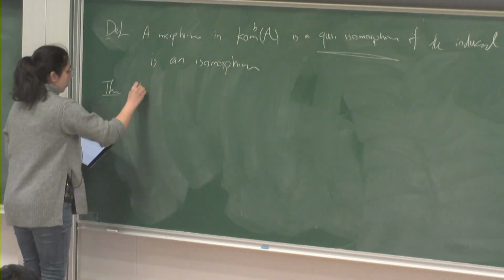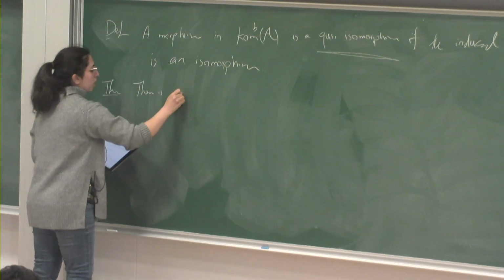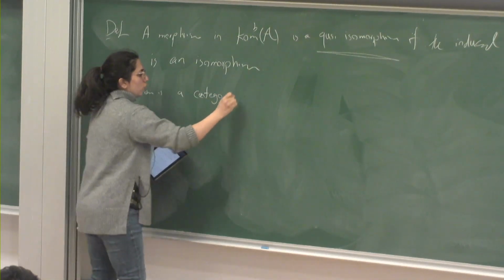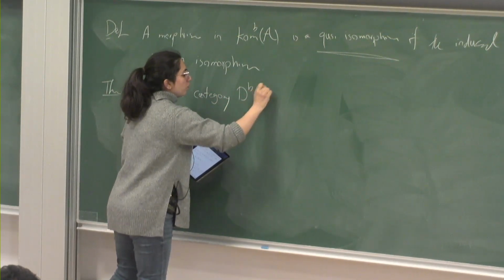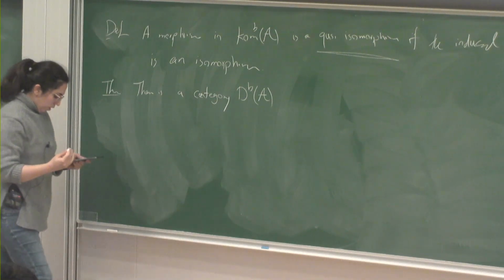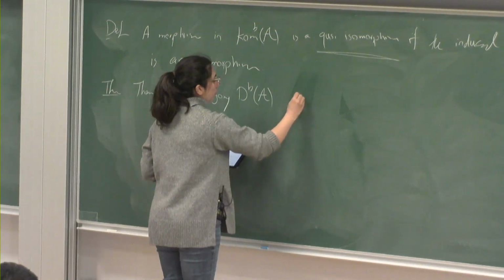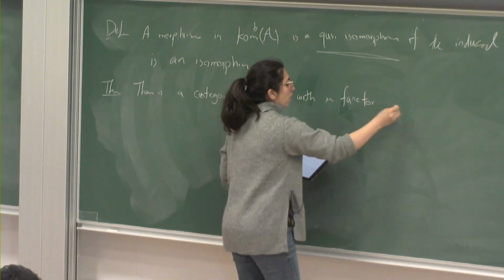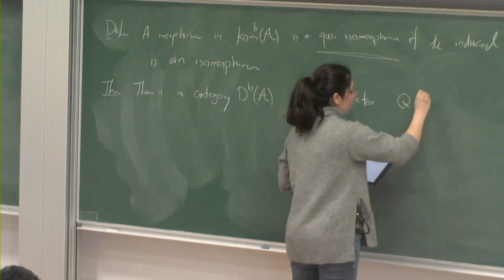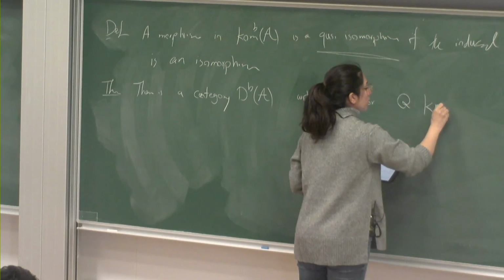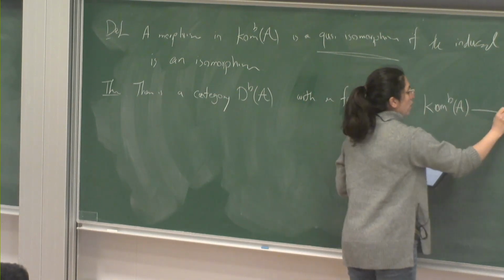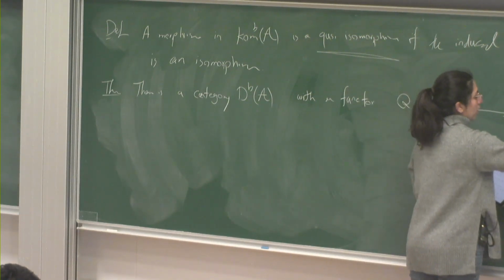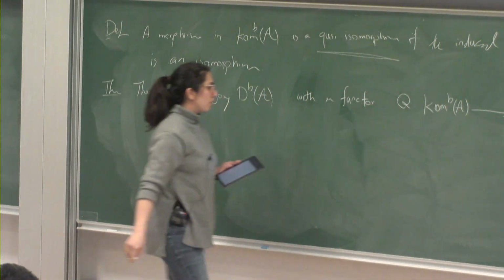Okay, so it just says that there is a category that we denote by D^b(A), together with a functor Q from this category of complexes to D^b(A), such that three properties are satisfied.